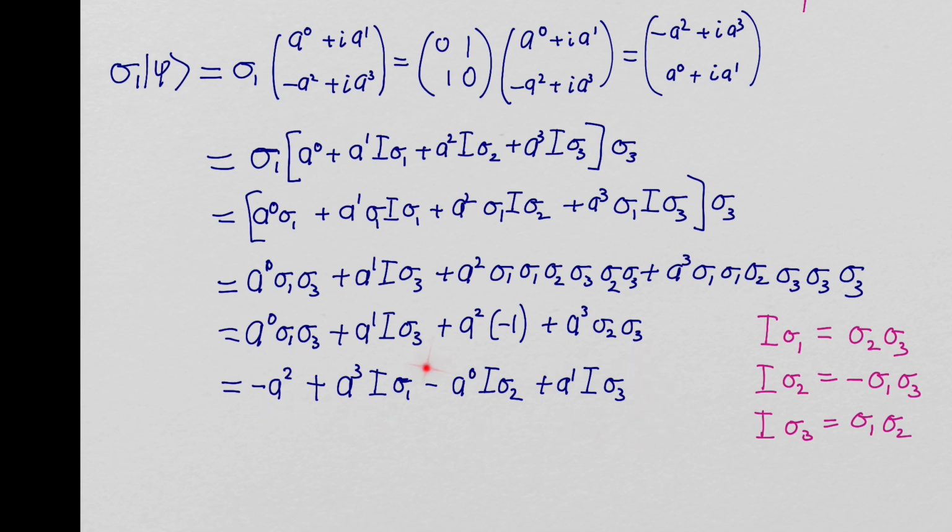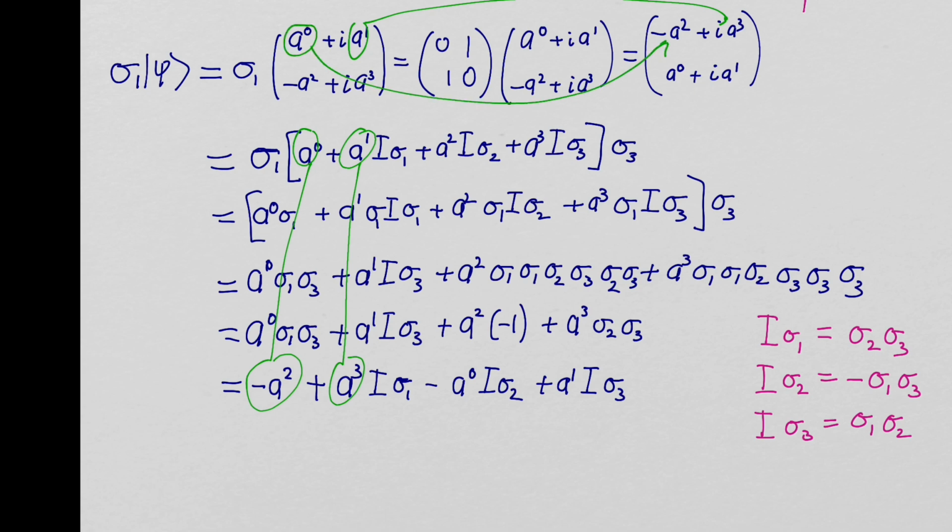And of course down here you see it, right? A0, well, I just kind of did it. A0 is replaced by minus A2. A1 is replaced by A3, which is exactly what's going on. A2 is replaced by minus A0.